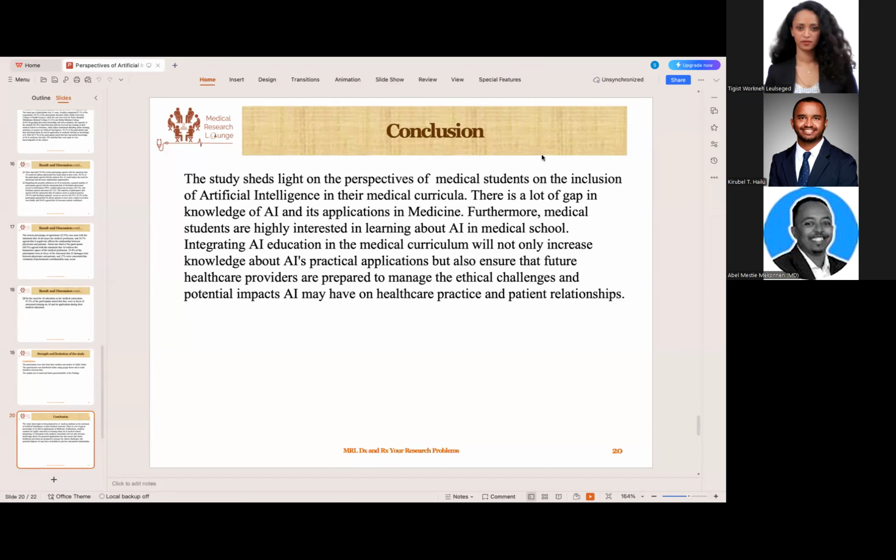and it will be an input in facilitating the curriculum review, and such findings can also help in fostering a deeper understanding of AI in healthcare. So maybe you can mention if there are any plans for dissemination of the findings.